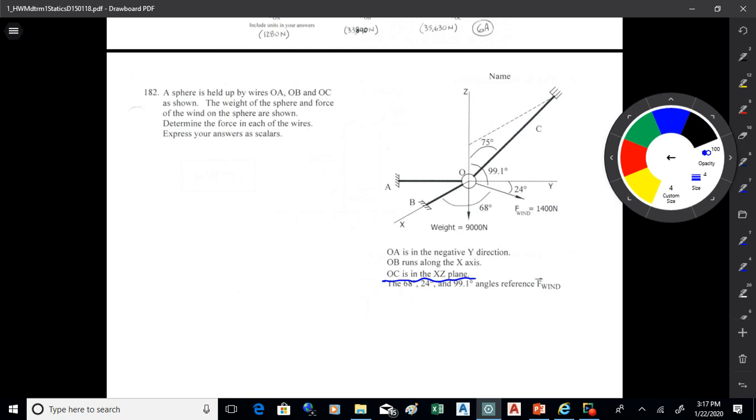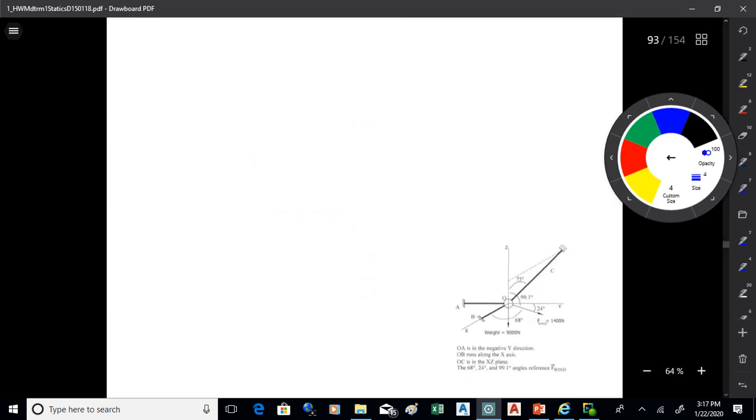So what you want to do with this is get basically a matrix set up. So you're going to want to have X, Y, and Z. And then you're going to want to have FA, FB, FC, and then F wind.